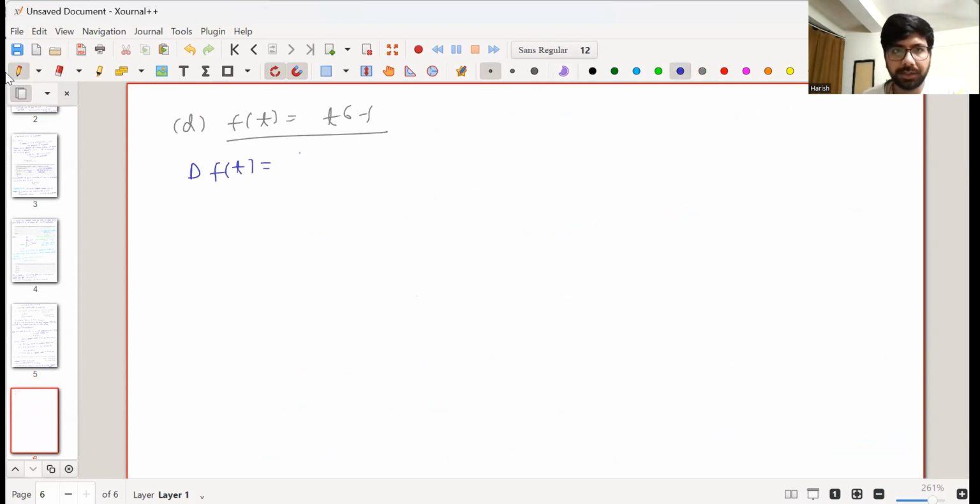D of f(t) is 6t^5, which is congruent to 0 in Z mod 3Z[t], and thus the GCD of f(t) and d f(t) is the polynomial itself, t^6 minus 1, not equal to 1.